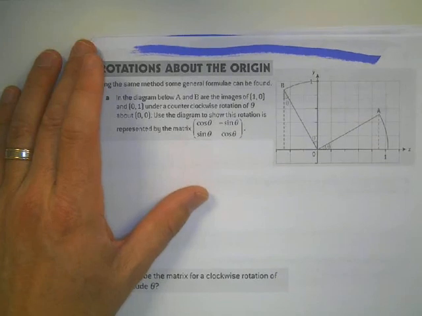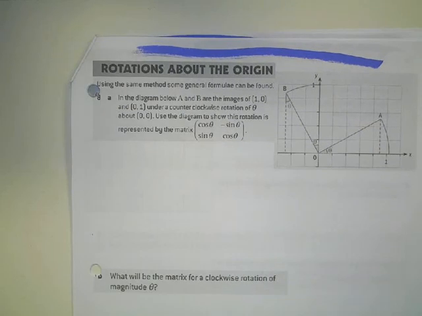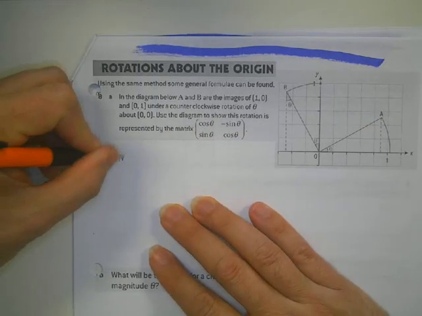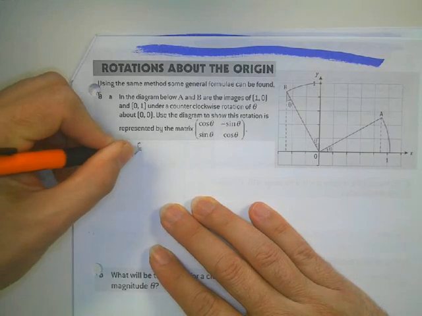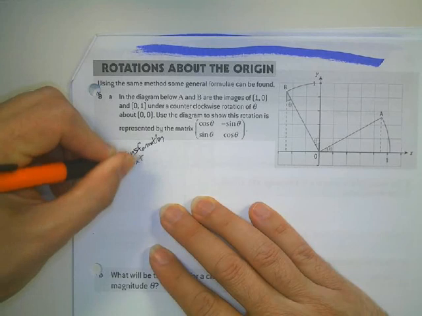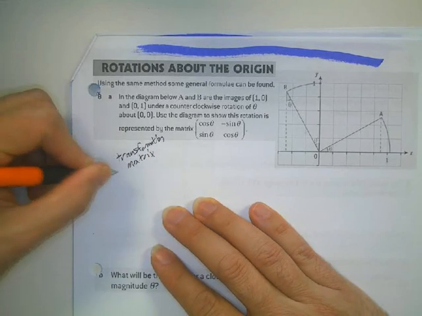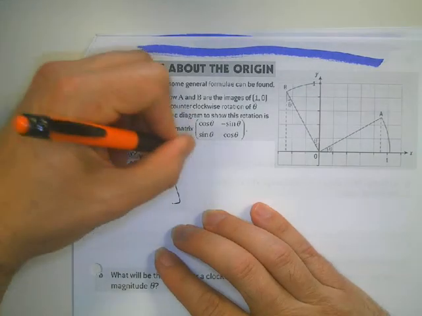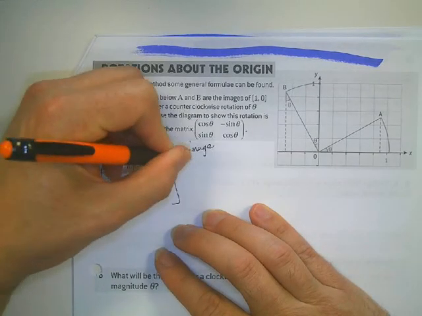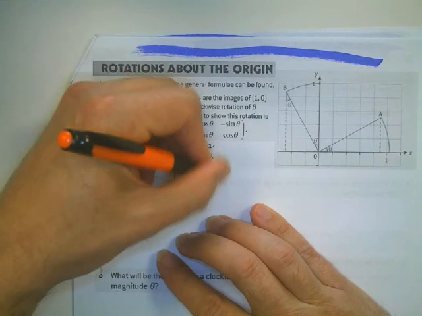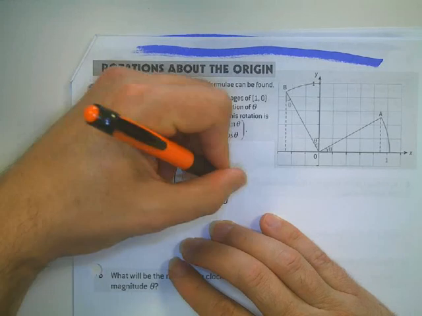So far we've got our transformation matrix, I'm going to make this big, and then we've got our image matrix, and we've got our result matrix.